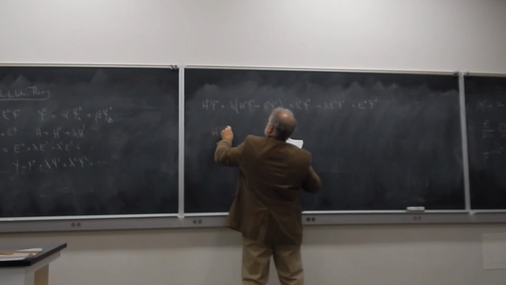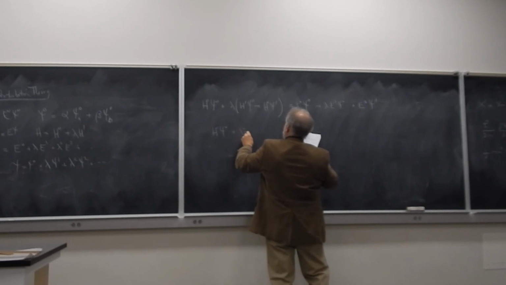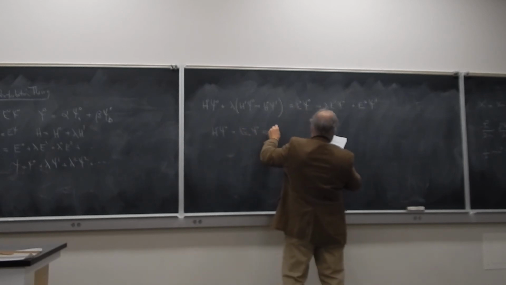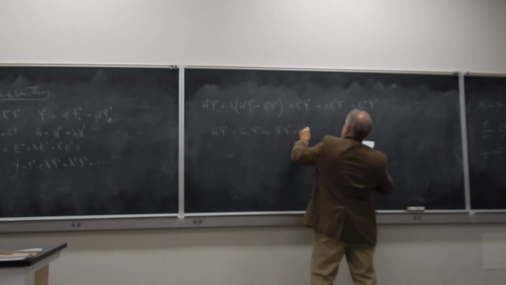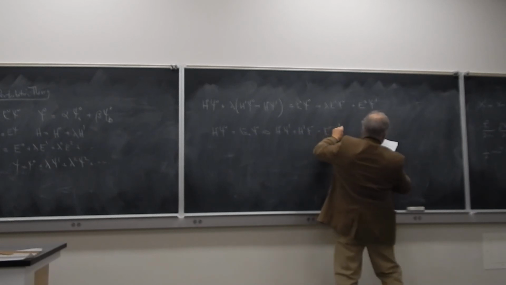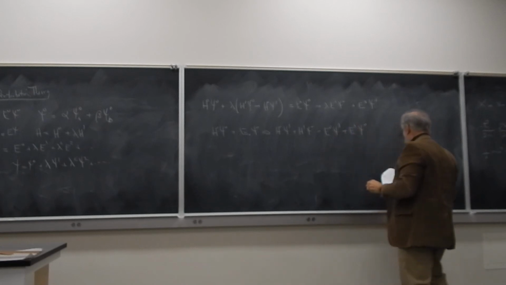We can write this as H naught psi naught equals E naught psi naught, and H naught psi 1 plus H1 psi naught equals E naught psi 1 plus E1 psi naught.